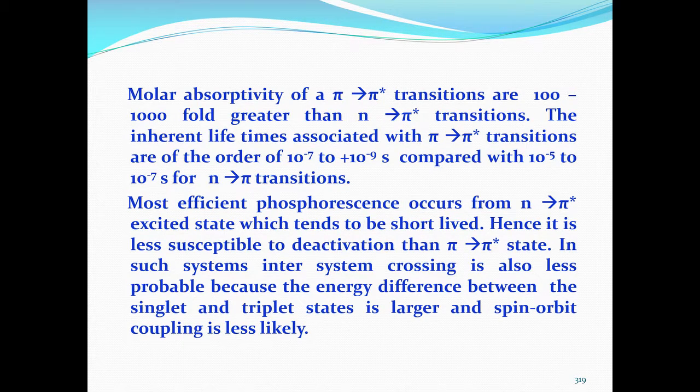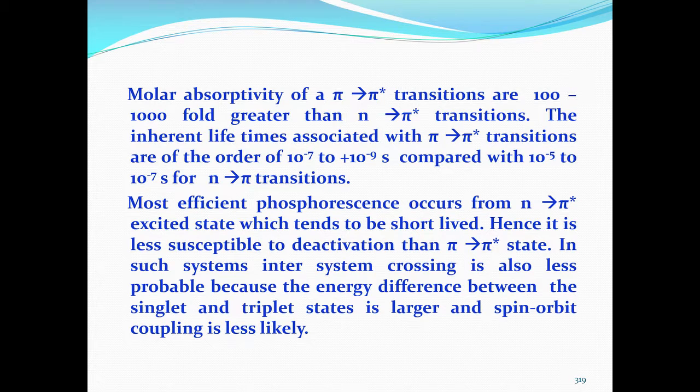So, which is better? Among the two, 10 raised to minus 7 to 10 raised to minus 9 seconds is a longer time limit for fluorescence to occur. So, obviously, pi star to pi transitions are most comfortable to work with, and they will be more stable also, 100 times at least. 10 raised to minus 7 to 10 raised to minus 9 means 100 times more stable.